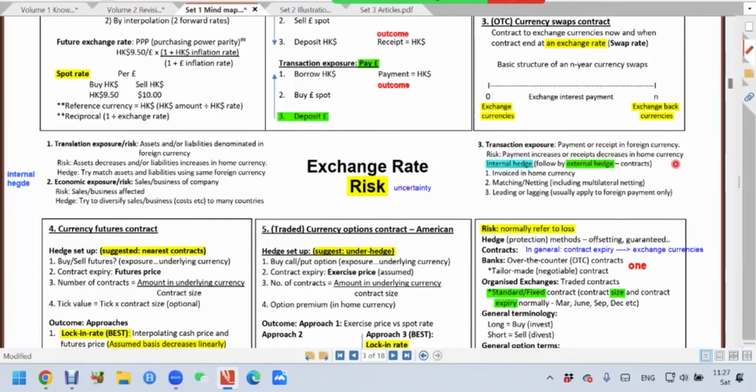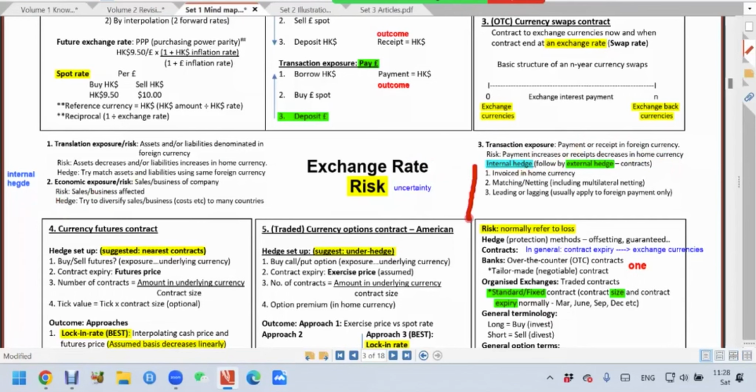We're talking about the risk of loss: pay more, receive less. But your payment and receipt in foreign currency remain the same. It's only because the exchange rate changes that you end up paying more or receiving less in your currency. Your company can make decisions to handle this one: internal hedge.